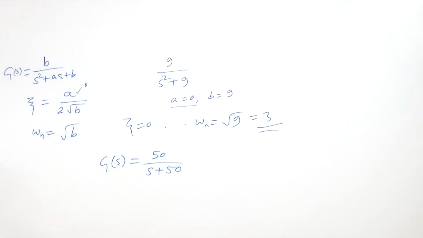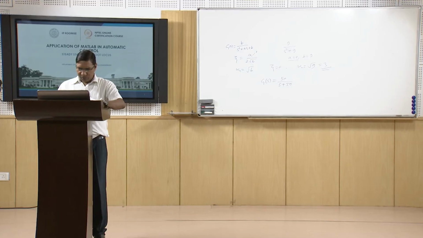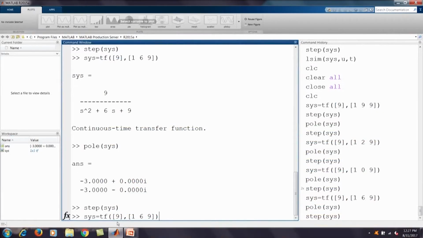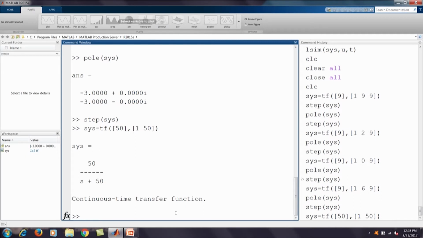Now if we want to write this in Matlab, we define the system. So TF, with 50 in the numerator, and in the denominator only s plus 50, so 1 and 50. Now this is the system, 50 upon s plus 50.